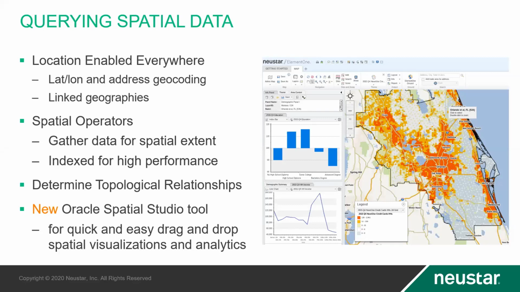A lot of times they'll start that way, and eventually start using the spatial part of the application, and get a lot of insight and benefit, and really increase their use and value by looking at the spatial insights. So that's something that we've seen a lot with our customers.